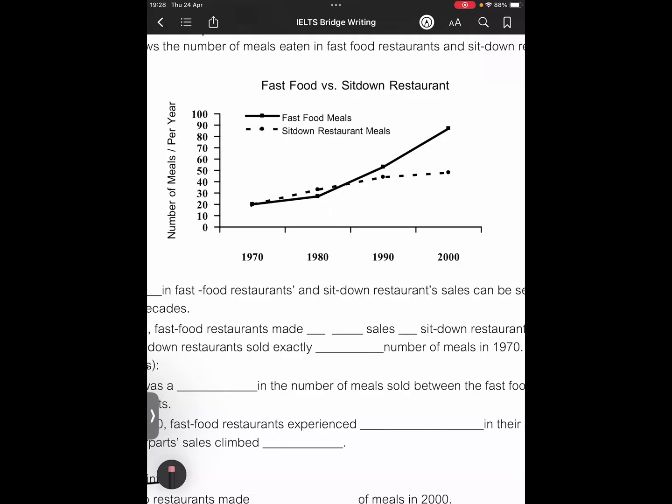And it seems also that after 1980, not only did fast food restaurants take the lead, but they're also increasing at a much greater rate than the sit-down restaurants. So that's something that you should remember to mention.